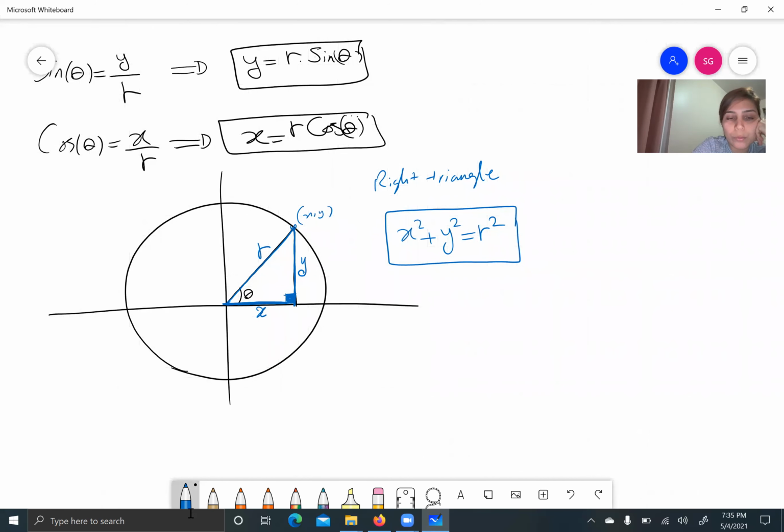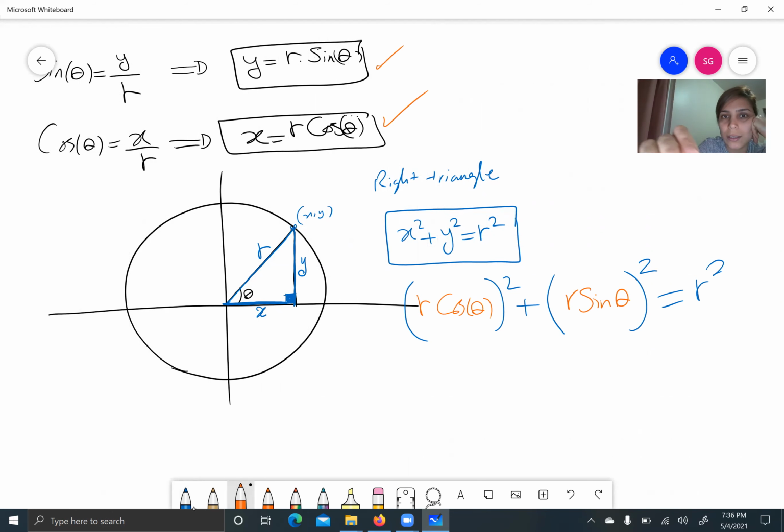But now we can substitute x by r cosine of theta, because we just saw that x is r cosine of theta. So it's going to be (r cosine of theta) squared plus y squared, and y is r sine of theta, right? Equal to r squared. So I'm using what we saw here: instead of x and y, I'm substituting the equivalent terms using r and theta. R is the radius of the circle, theta is the angle.